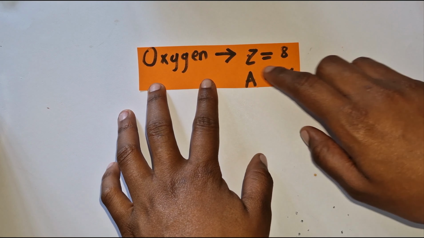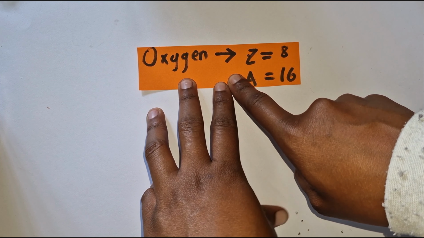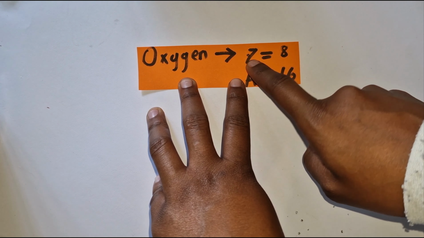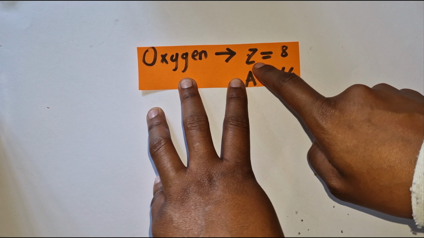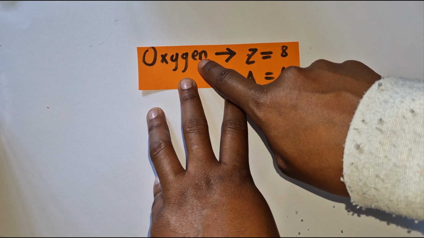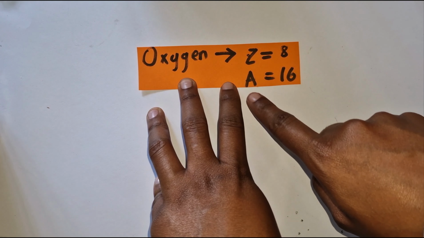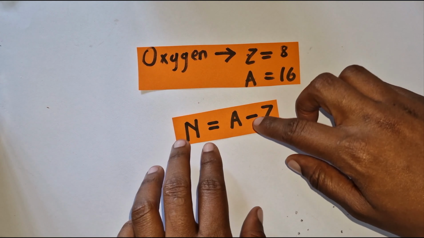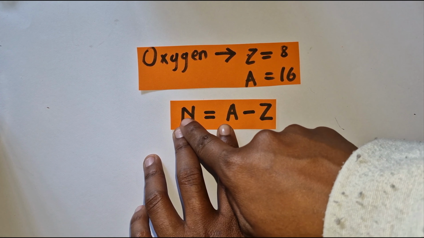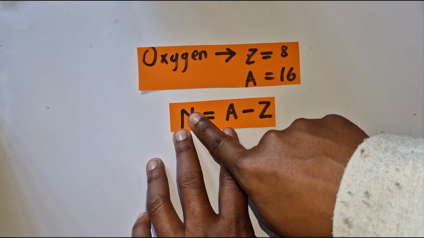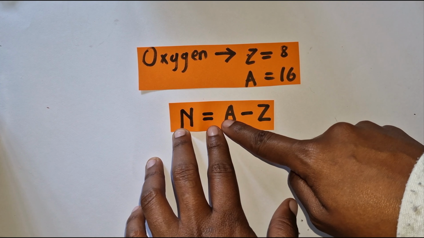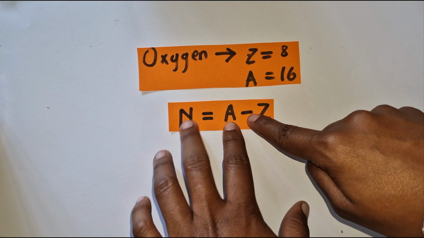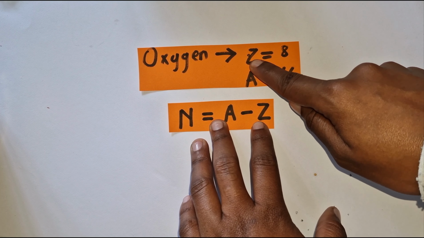The last example we can look at is oxygen. So we say that Z for oxygen is 8. The number of protons is 8 in the nucleus of an oxygen atom. Its atomic mass number is 16. How much is the number of neutrons? To find the number of neutrons, we'll say N, which is the number of neutrons, equals the atomic mass number A of 16 minus the number of protons, which is 8.